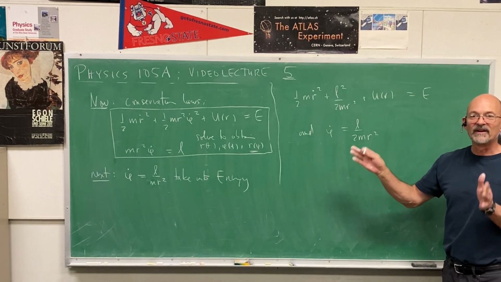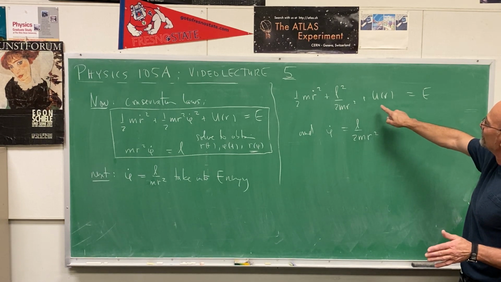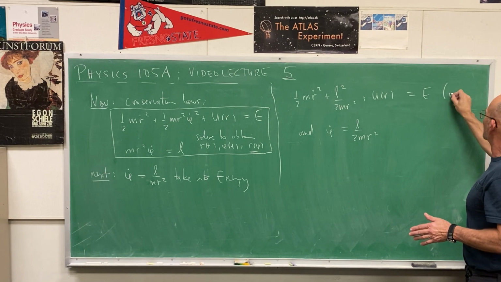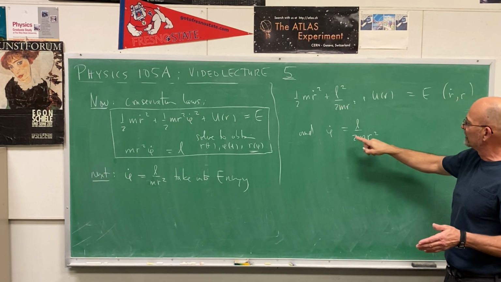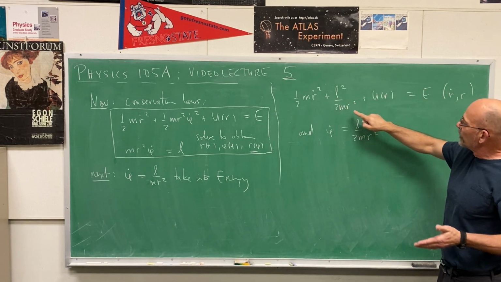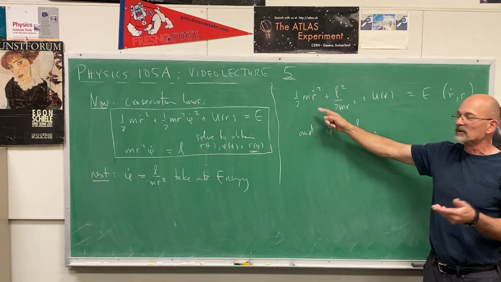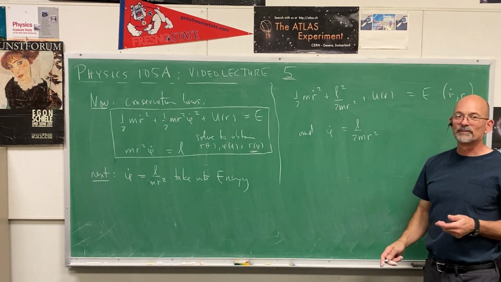But now things have been effectively separated, because this is just r dot and r. We could separate variables, do a quadrature, do an integral, and we could get r of t out of this. At least in principle we could.